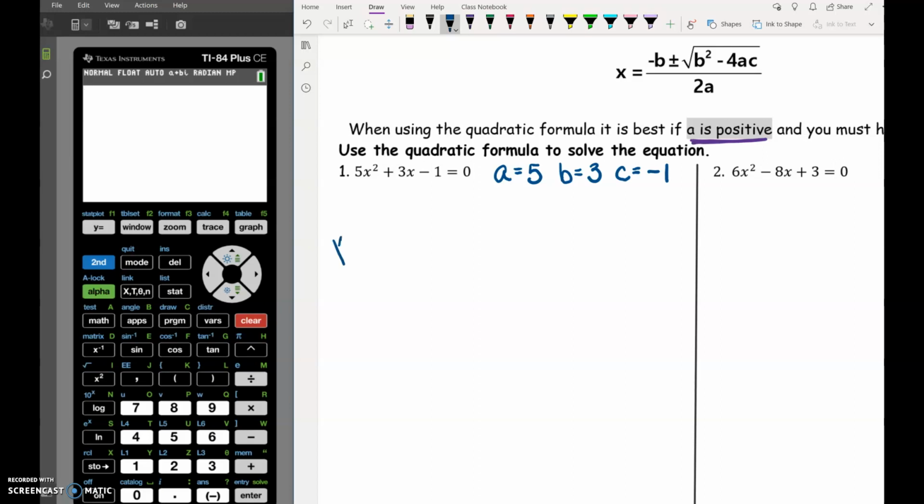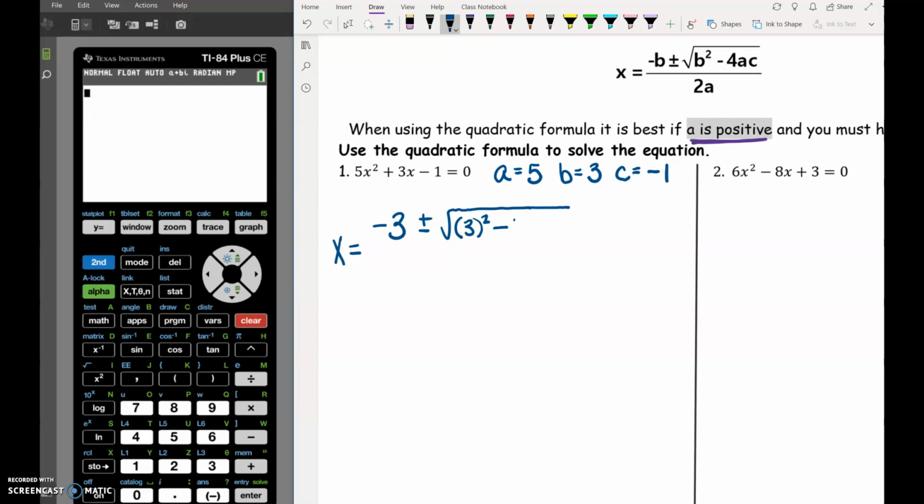Let's plug this into the quadratic formula. X equals the opposite of B, so -3, plus or minus, big long square root sign. B squared, I always put my b in parentheses when I'm squaring it, because that way if it's a negative, then when I plug it into my calculator, I do that correctly.